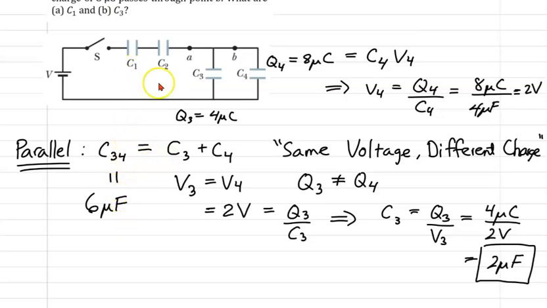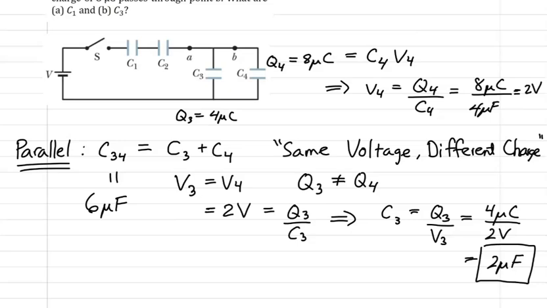To do that, it's good to see that C1 and C2 are not in parallel, but in series. And if we replace this with C34, then the two of them are also in series with C34. So you'll have 3 capacitors in series.